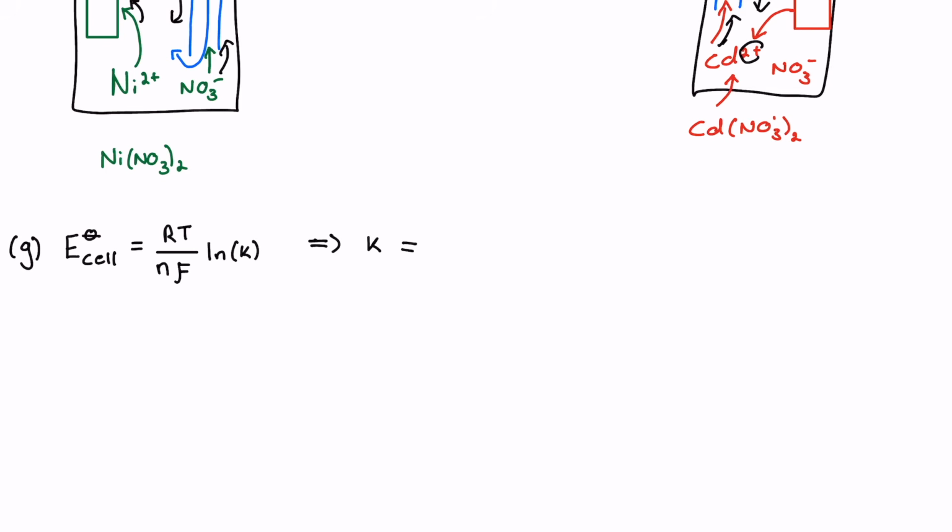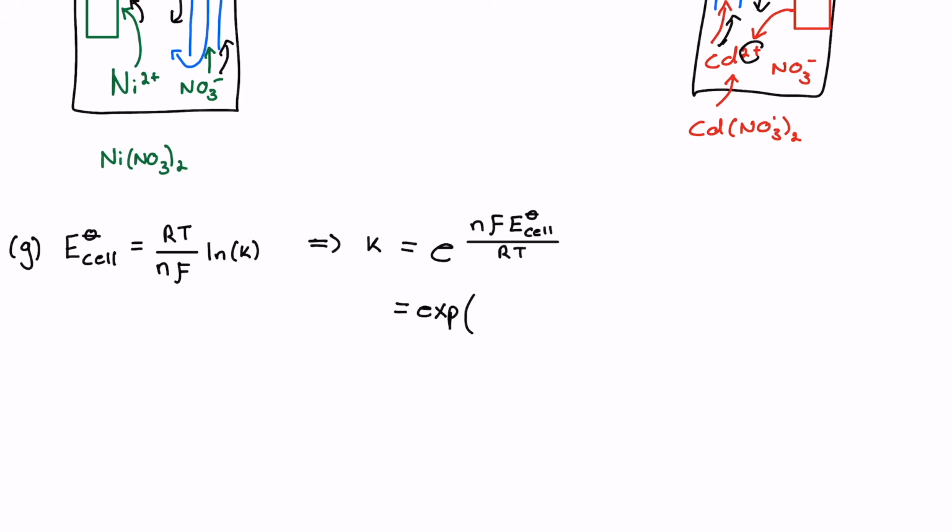So K is equal to e to the power nF E naught cell over RT.